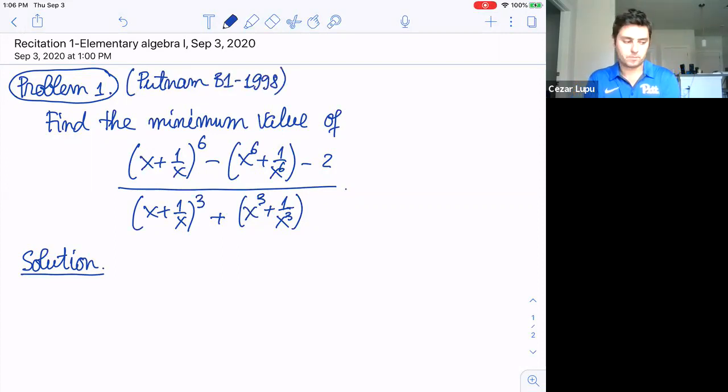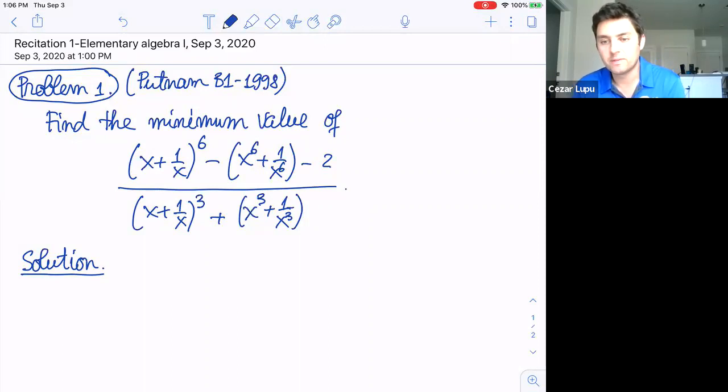Well, the main idea here is quite simple. You are tempted at first to do the substitution x plus 1 over x equals a.